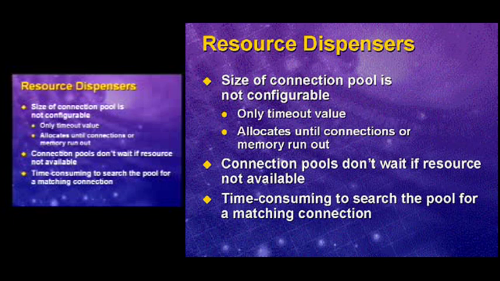The other thing that might be nice is that connection pools don't really wait if a resource is not available. Like I said before, they'll just come back and say, sorry, we're out. The last thing about resource dispensers, which the dispenser writers are always trying to improve, and improvements have been made even in the latest version of ODBC, is that it's time-consuming to search through a pool for a matching connection. Usually in a connection pool situation, the connections have to match.